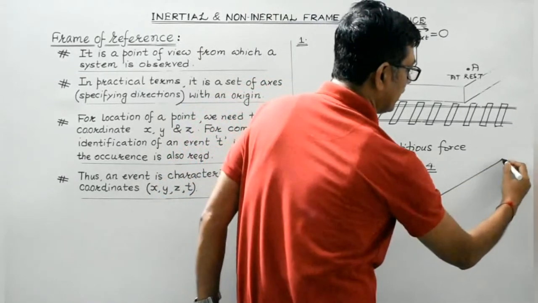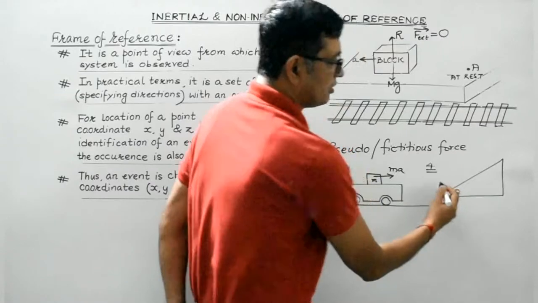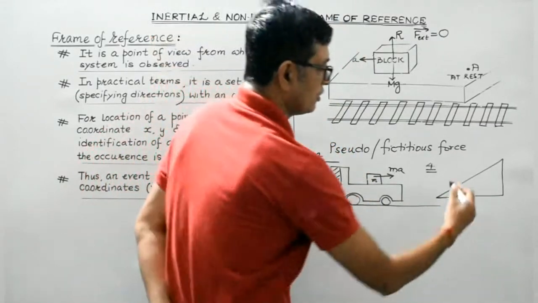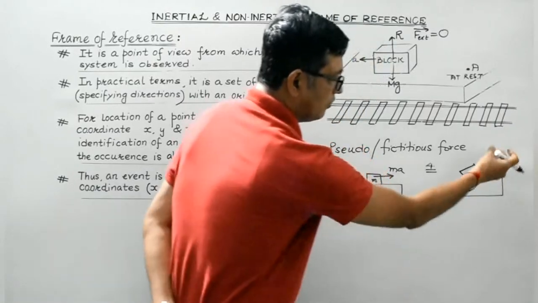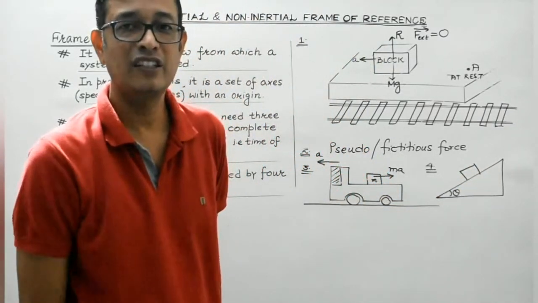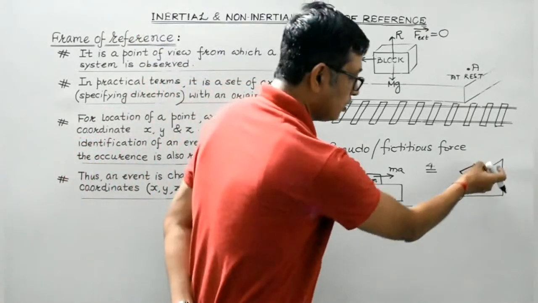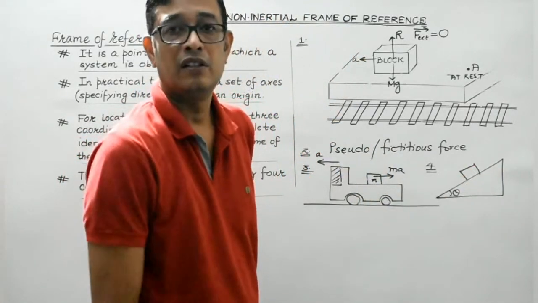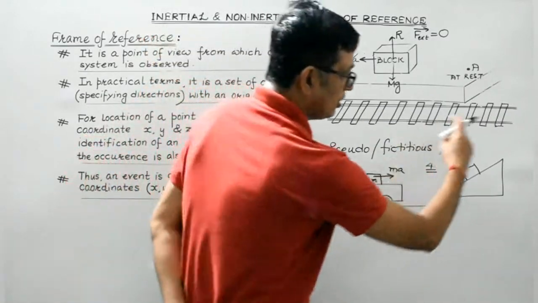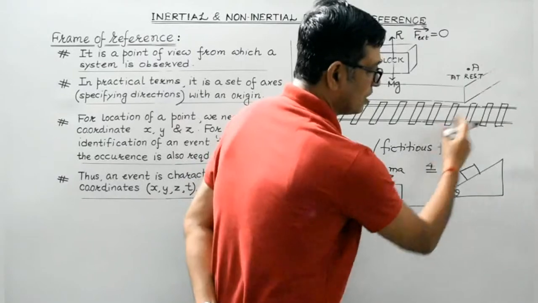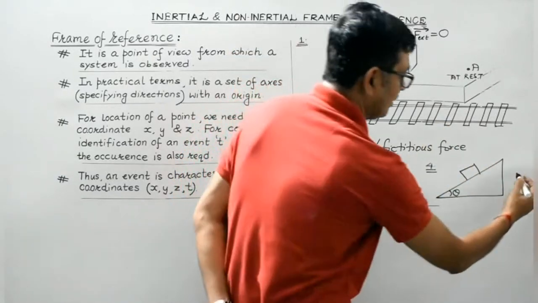Suppose this is an inclined plane. If this angle is greater than the angle of repose, then a block kept on the inclined plane will certainly slide down, isn't it? If I want that this block remains stationary with respect to the inclined plane, then I should impart the entire system comprising of this inclined plane and the block an acceleration in this direction.